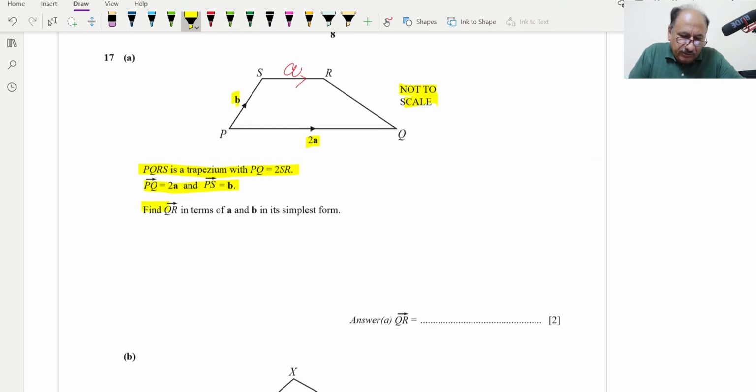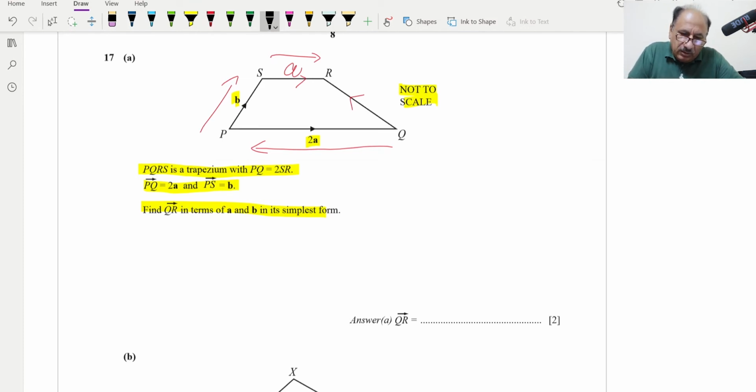Now find QR in terms of A and B. QR direction will be this one. QR in terms of A and B in its simplest form. So we have to start with Q. We have to take this route, and this route. So this will be minus 2A.